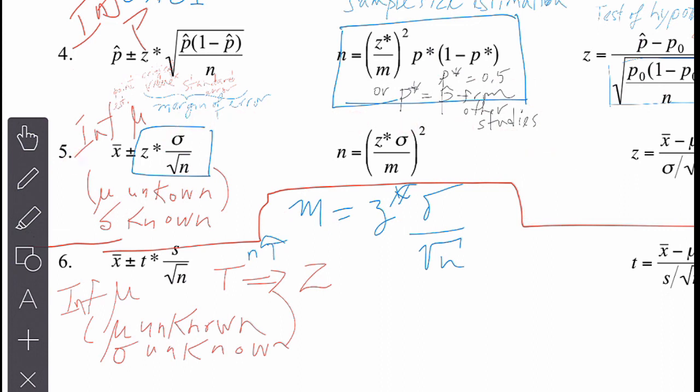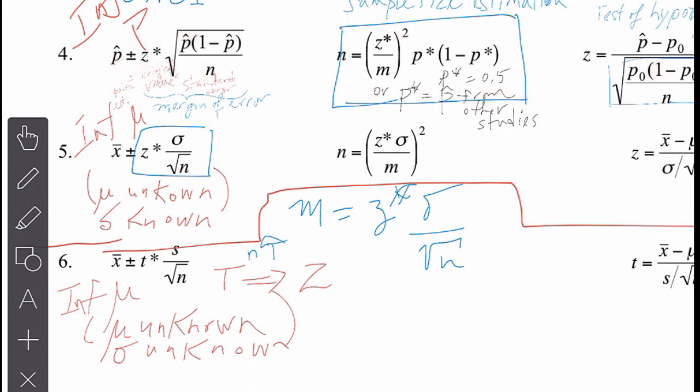So if it's about polling, or percentage of damaged or defective bulbs, or the proportion of people who dislike or have preference for something, that's all proportion. Proportion of cars that are left in a parking lot, those are the kind of questions.